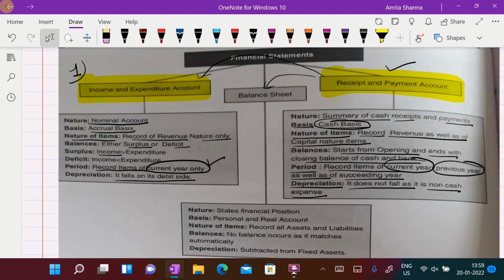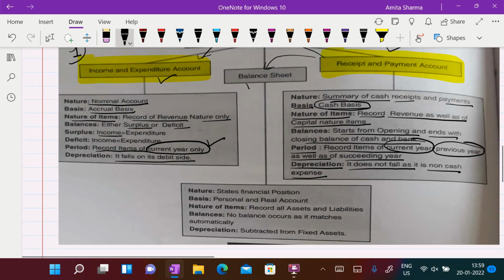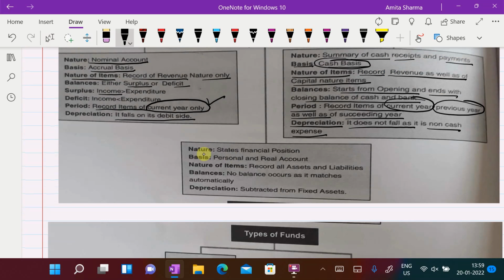Now, the third account, which is prepared with the help of income and expenditure and receipts and payment account, is the balance sheet. The nature of the balance sheet means it states the financial position. What is the financial position? It means assets and liabilities.